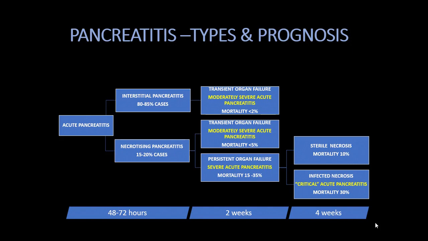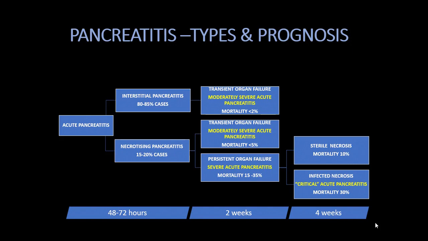Moderately severe acute pancreatitis can be managed in a high dependency unit and recovers within 1 week of treatment. In severe acute pancreatitis, the mortality is high, 15 to 35%. The patient may have persistent organ dysfunction lasting more than 48 hours after fluid resuscitation, and this group of patients will require intensive care monitoring.